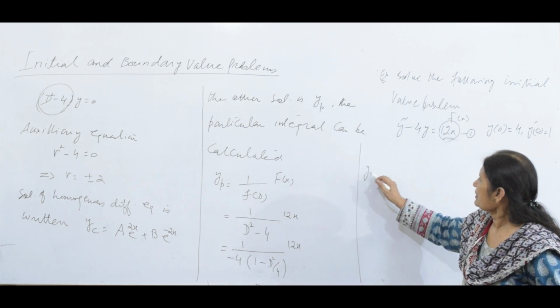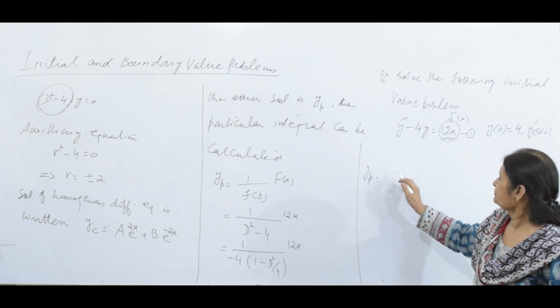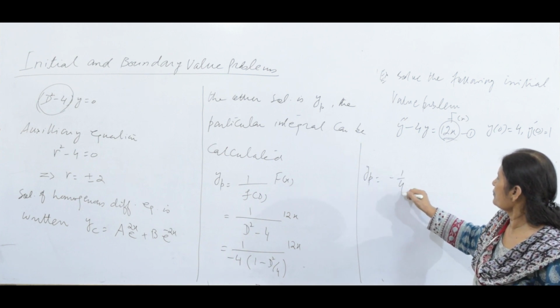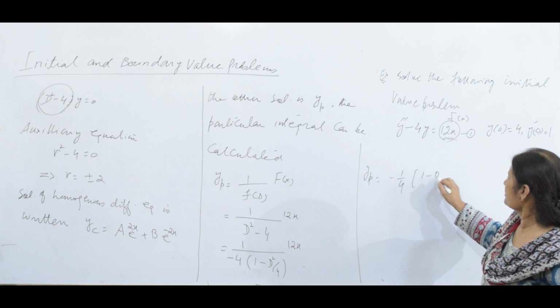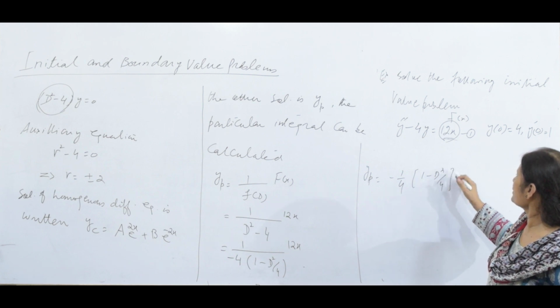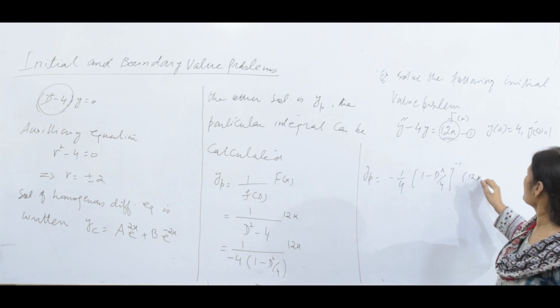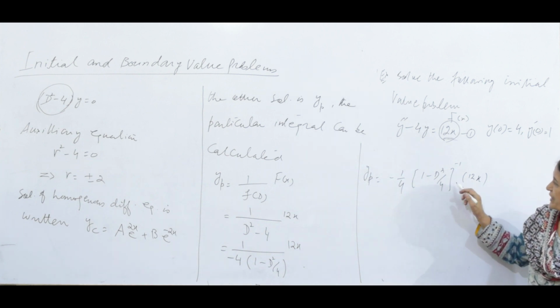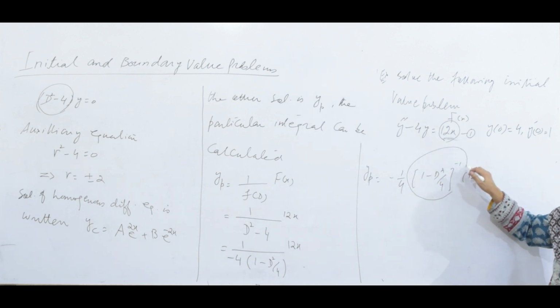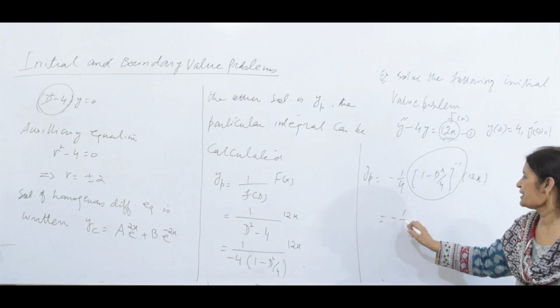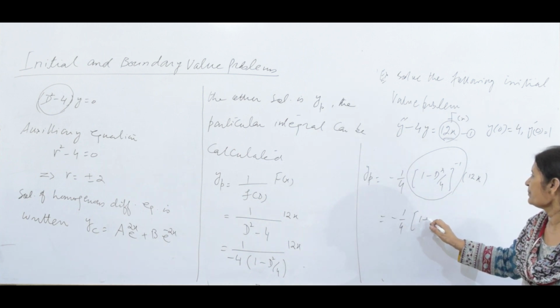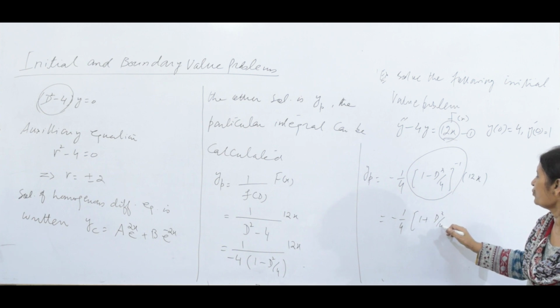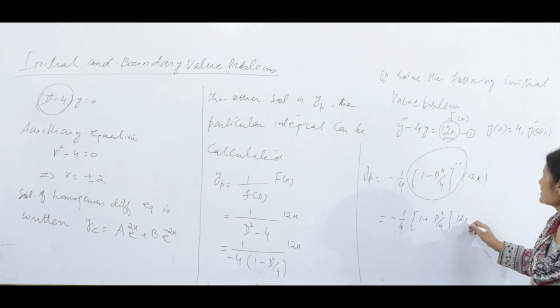So y is equal to minus 1 by 4. This can be written 1 minus d square by 4 raised to the power minus 1, 12x. Now I am expanding this using binomial series. So this is minus 1 by 4, 1 plus d square by 4 and 12x.